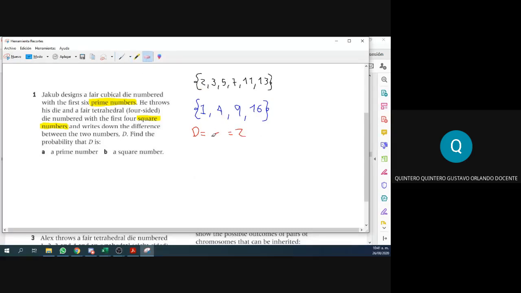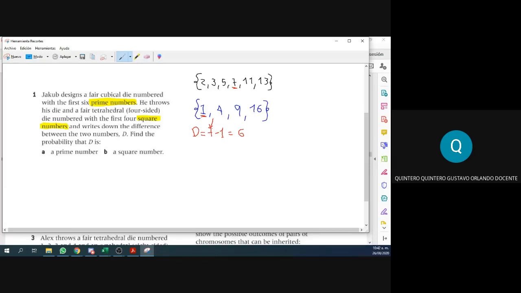Let's try another example. Take a look at this. Maybe he gets a 7 and a 1. So the difference is 7 minus 1. For this one, the difference is 6. Guys, notice how I am always selecting the biggest number first. It doesn't really matter which die gets that number.